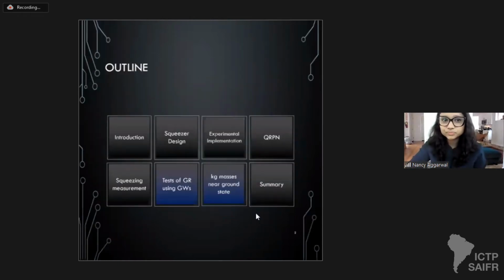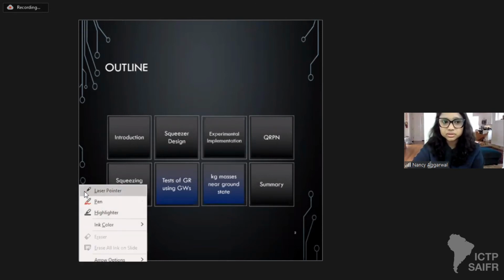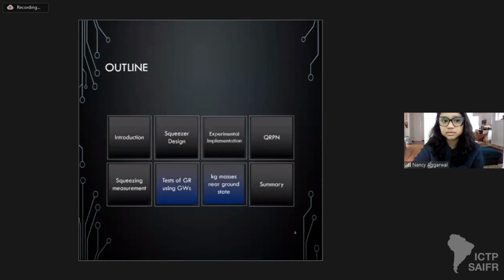Okay, so this is just the broad outline of what I plan to talk about today. I'll introduce the topic, and then I'll tell a little bit about how we design the squeezer, maybe a little tidbit of what you could keep in mind if you want to design your squeezer, and then how we implement it in the lab, and the measurements of quantum radiation pressure and squeezing.